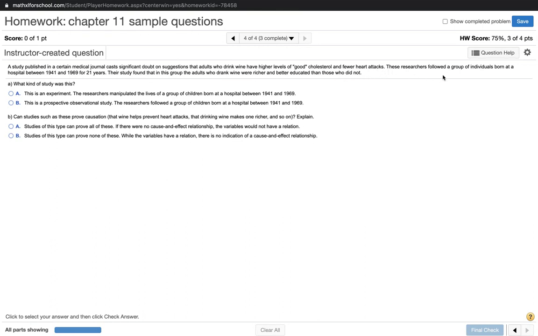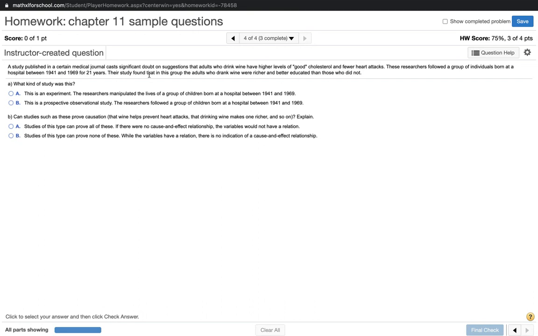These researchers followed a group of individuals born at a hospital between 1941 and 1969 for 21 years. Their study found that the group of adults who drank wine were richer and better educated than those who did not. That's interesting. What kind of study was this? An experiment or a prospective observational study?